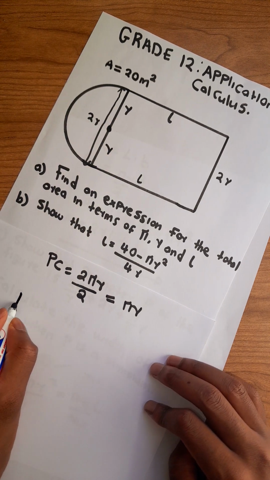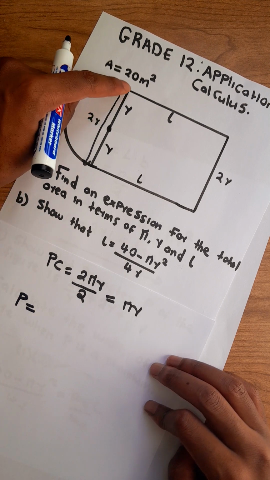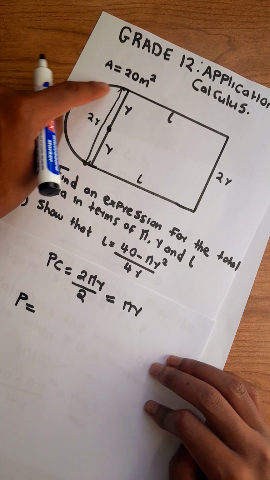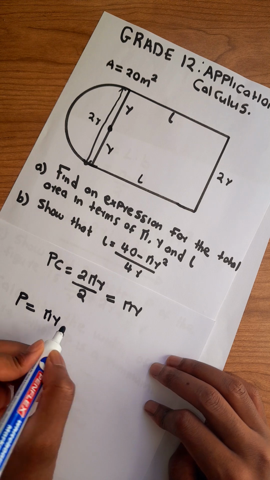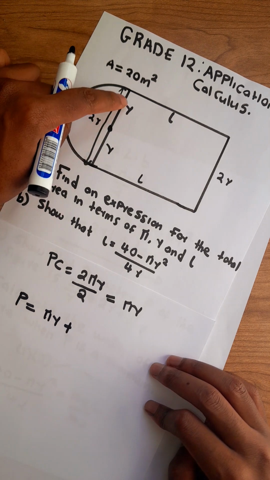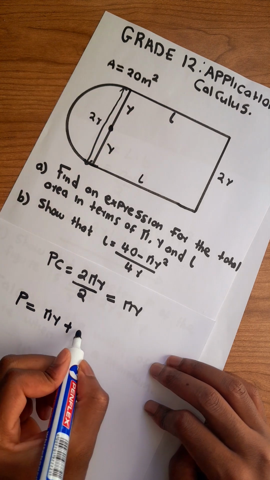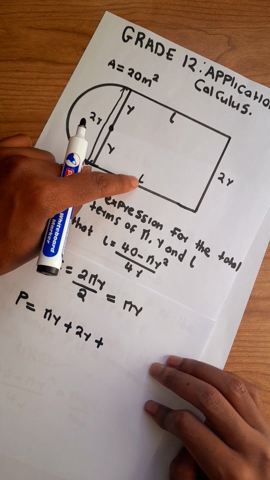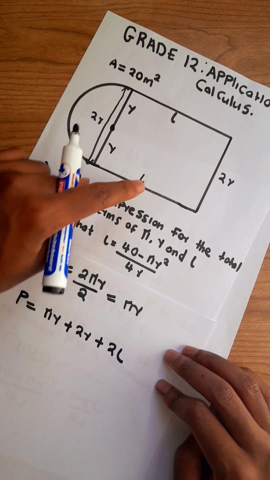So for the perimeter of this thing, we're just going to add all sides. The perimeter of this curved part is going to be pi r. The perimeter of this side, because this is the point where it's joined, is going to be 2r. Plus we have L, it's going to be 2L if you add these two.